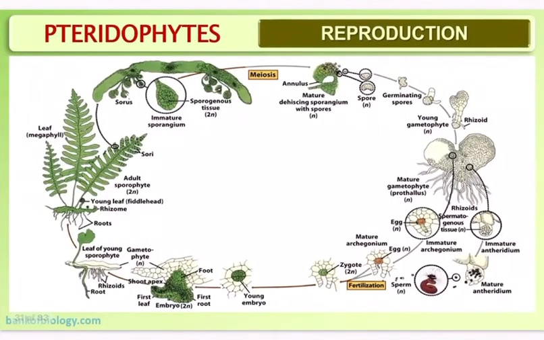You can see here, Selaginella cone is heterosporous and Lycopodium cone homosporous. Similar type of spores, different types of spores. And further, we can see here the leaf, megasporophyll and microsporophyll, adult sporophyte, presence of sorus.